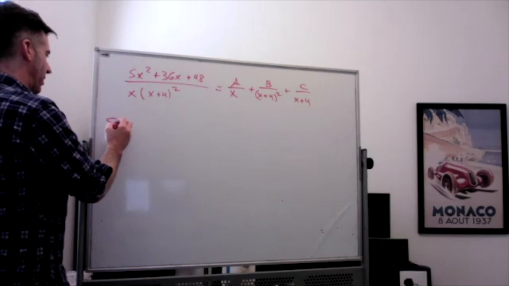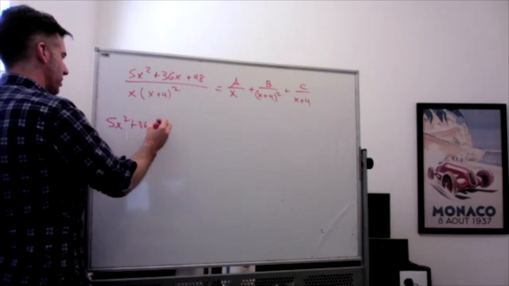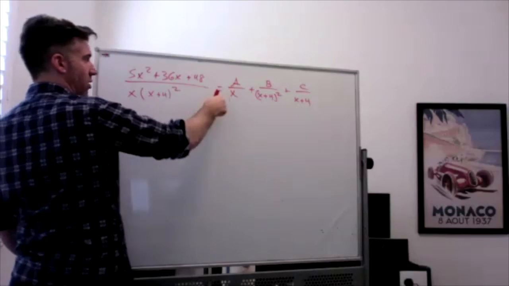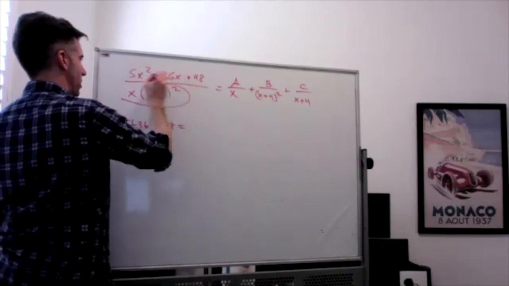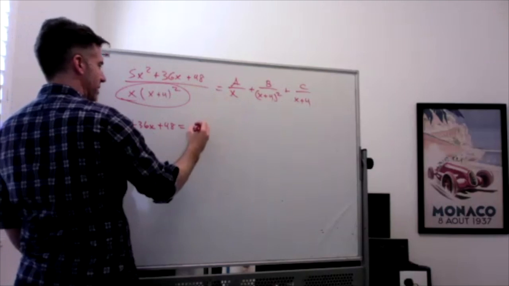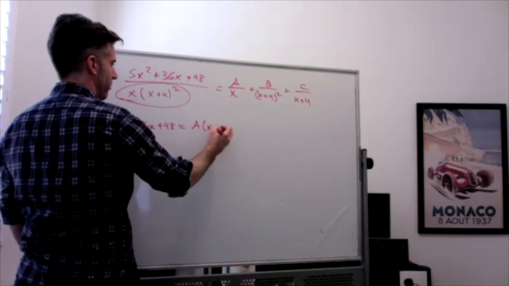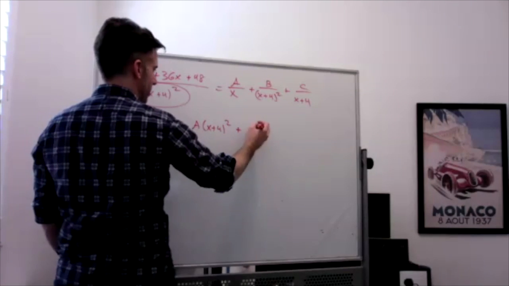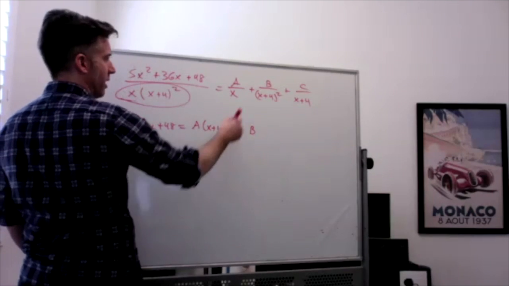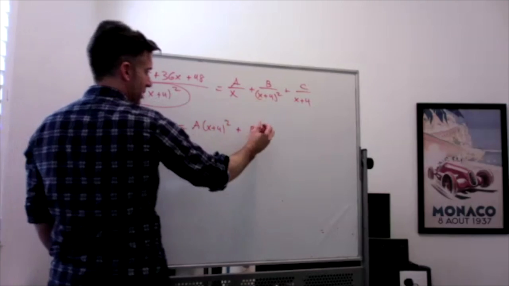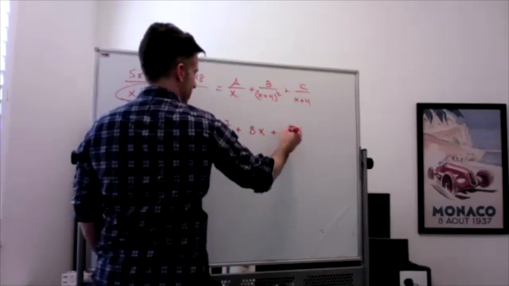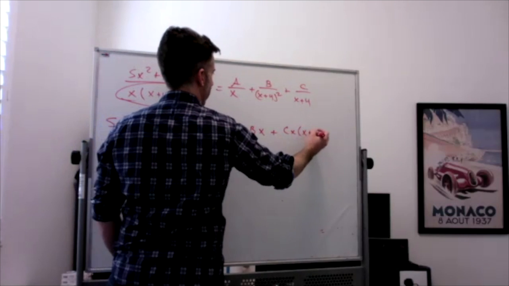So we get 5x squared plus 36x plus 48 equals a times (x plus 4) squared, since the x cancels for a. The x plus 4 squared cancels for b, so you get b times x. And one of the x plus 4 cancels for the c, so it's c times x times (x plus 4).